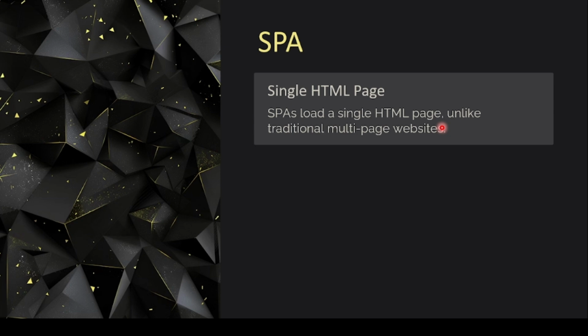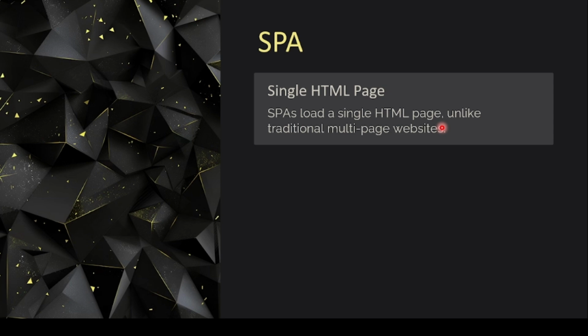Let's try to take an example. Let's say you are visiting a website and you are clicking on some navigation bar links. Whenever you are clicking on any menu inside the navigation bar, if you see a page refresh or a page load inside the tab of your, let's say, Google Chrome, if you see the loading symbol inside the tab, it means that it's a multi-page application.